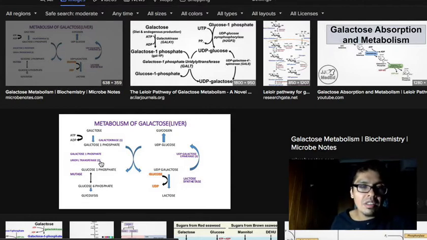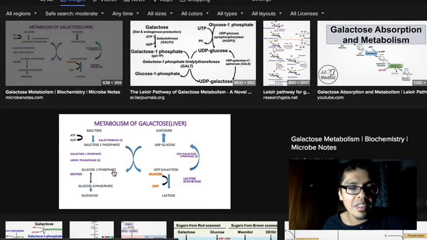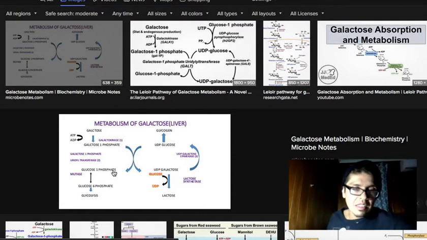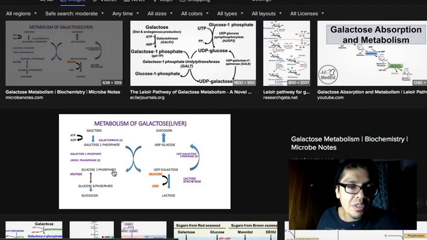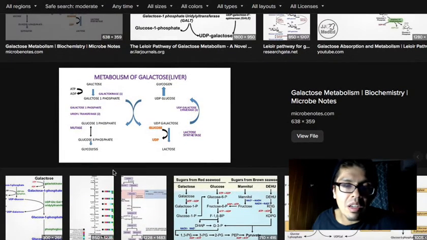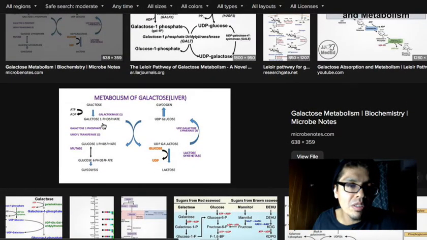Okay, so first, galactose 1-phosphate has to convert to glucose 1-phosphate, and it's done through an intermediate enzyme which is a mouthful, called galactose 1-phosphate uridyl transferase. Okay, so what happens with galactose 1-phosphate uridyl transferase? A molecule called UDP glucose comes by.